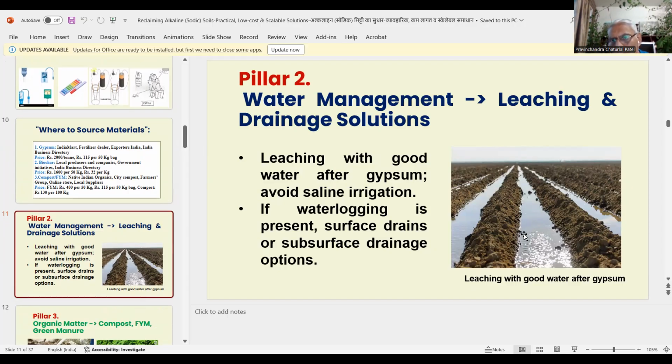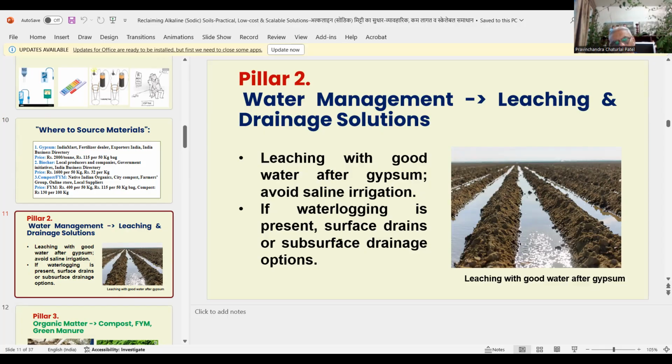Then you have to leach with good water after gypsum application, so whatever salt is there is drained out of the field. Avoid saline irrigation, so don't use saline water for the leaching.